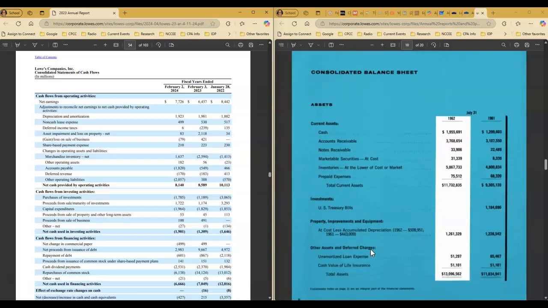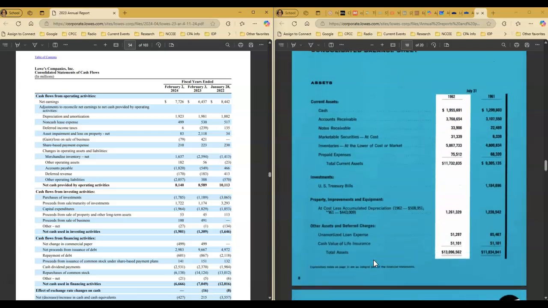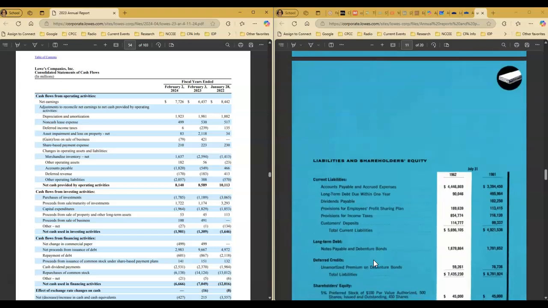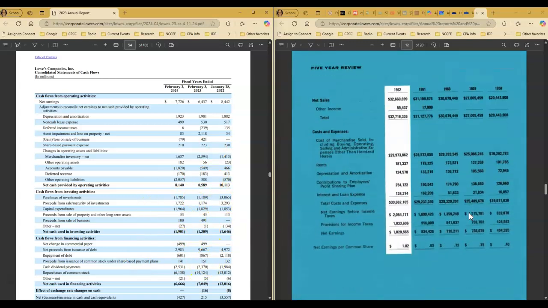Here is the balance sheet. So basically 1 whole page versus, actually they put it on 2 pages rather than 1 page. A couple other things to note is here in 1962, there's only 2 columns of information rather than 3 over here currently. Okay, and then a little bit of a 5-year review.